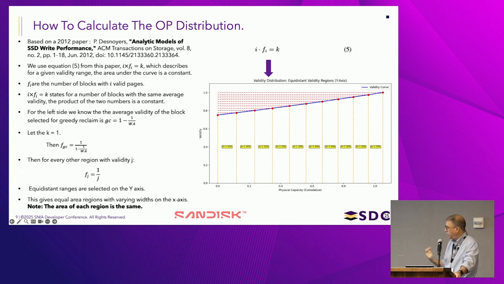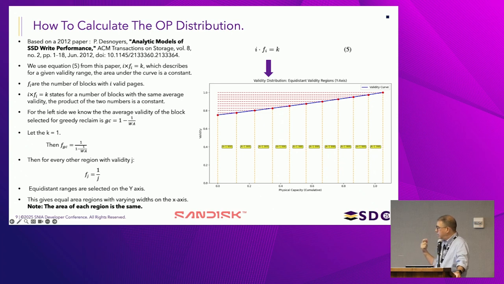So we have more blocks, or it's wider on the left, and it's more narrow on the right, even though the net area underneath the curve is the same. And if you think about this from a random write steady state point of view, the interpretation here is that if you're picking addresses from the drive randomly, when you're in steady state, you should have an equal chance of picking an address from each of these regions.